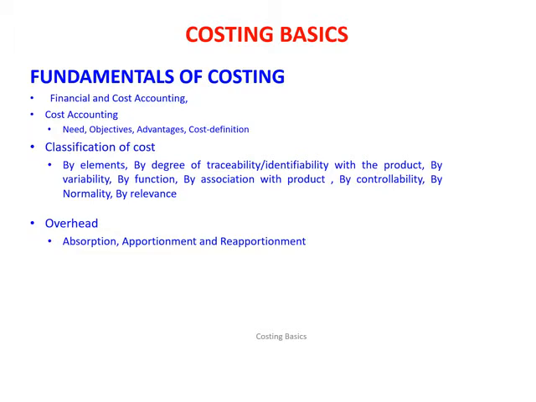Now the topic is apportionment, wherein the overheads or the indirect costs which cannot be directly traced to a cost unit need to be understood. So the absorption of these overheads is done by apportionment and reapportionment. So now with this, let us go into the topic.